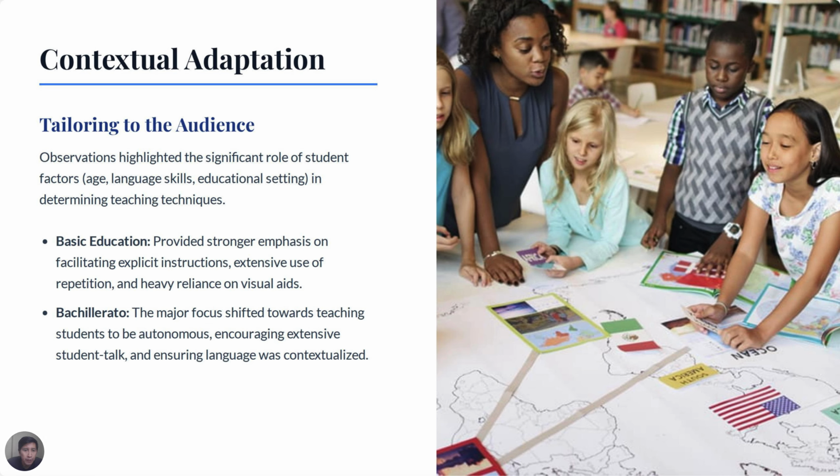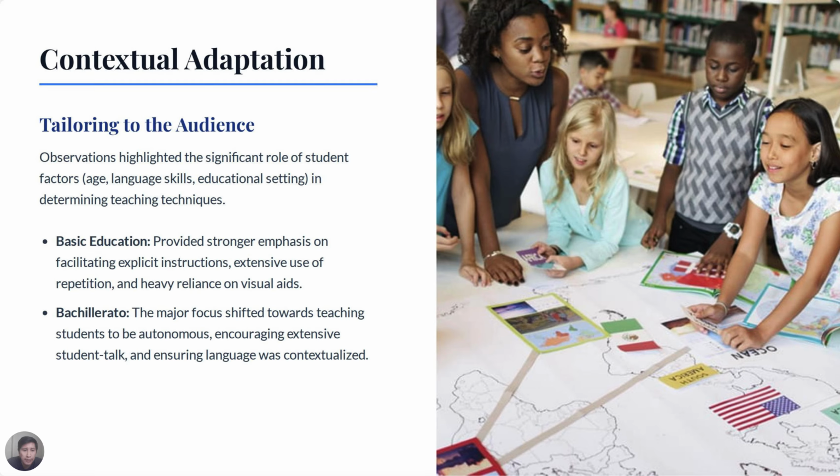And our fifth conclusion highlights that there is no one-size-fits-all recipe for teaching English. The observation underscored the significant role of factors such as age, linguistic skills, and environment. For example, we note a clear difference in basic education. Success depends on explicit instructions, the strategic use of repetition, and strong visual support.